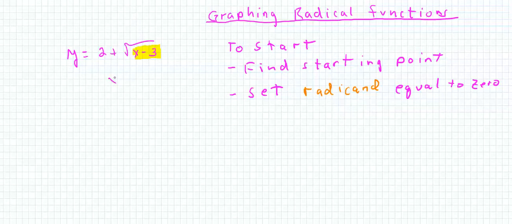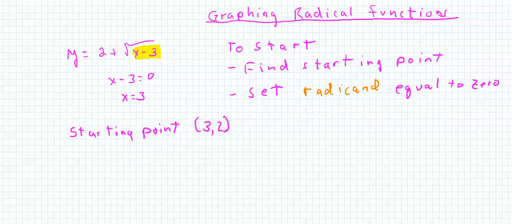So, x minus 3 equals 0, x is equal to 3. So our starting point is the ordered pair 3, 2. Where did this 2 come from?